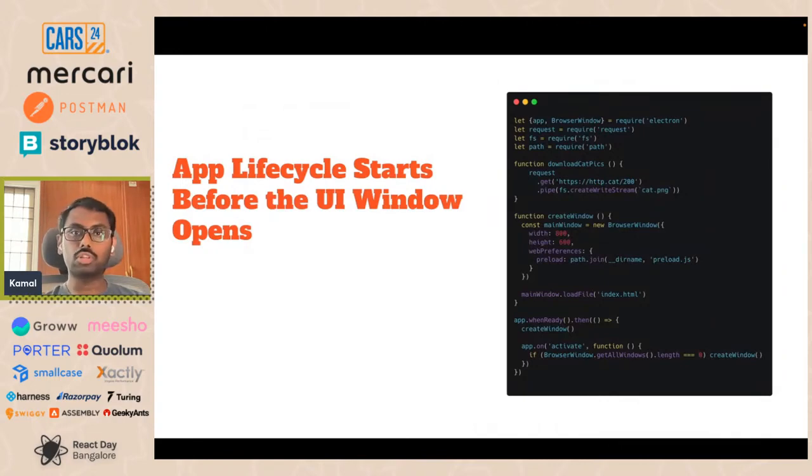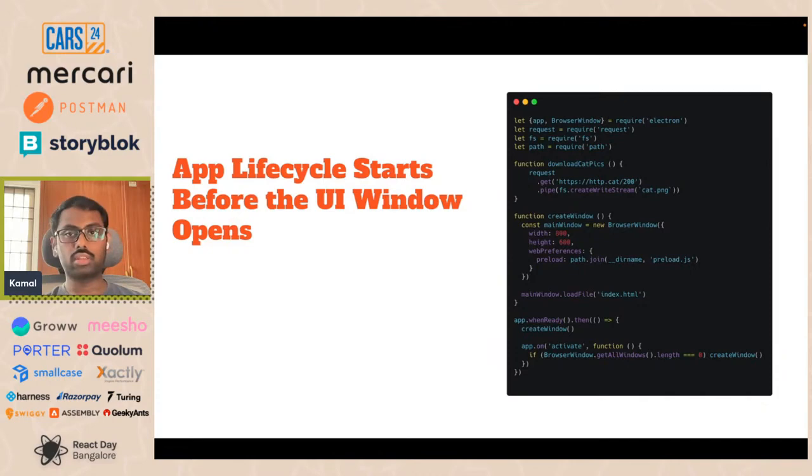You're responsible for starting your application right from when the user clicks on the icon in the Windows shortcut or in the launcher of your Mac or Linux operating system. So let's look into what happens before you even start opening the first UI window inside an Electron app. On the right-hand side, you have a snippet of a very small Electron app, which has the code to spin up an empty UI window.